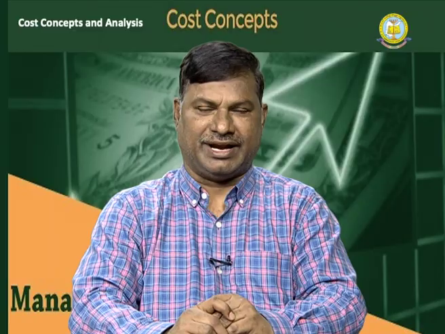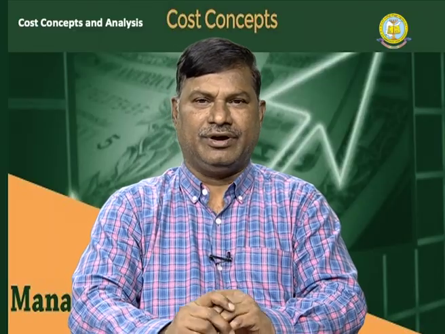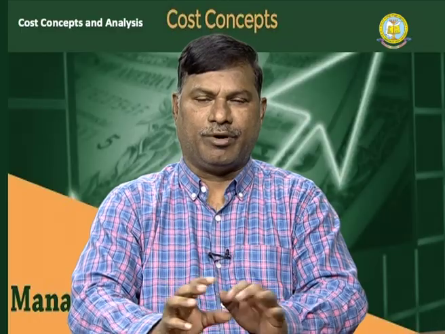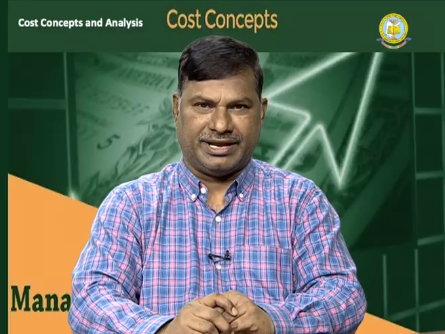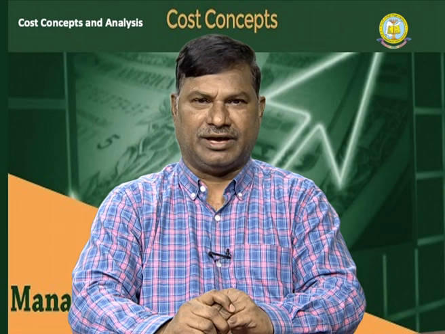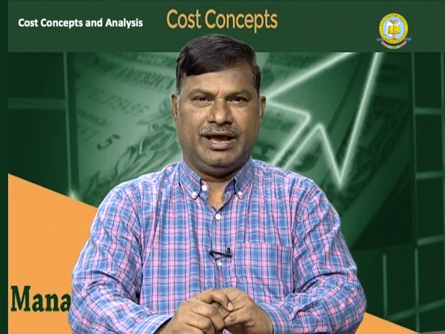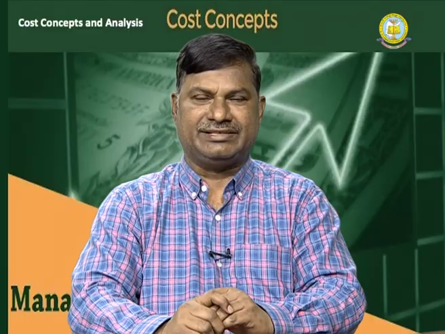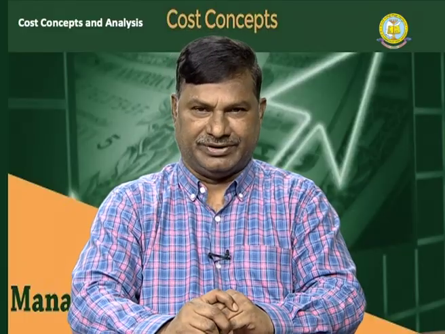Same case with rent. Let us say for our production facility, we have leased a property for about 2 lakh rupees, and the area of that facility is about 10,000 square feet.